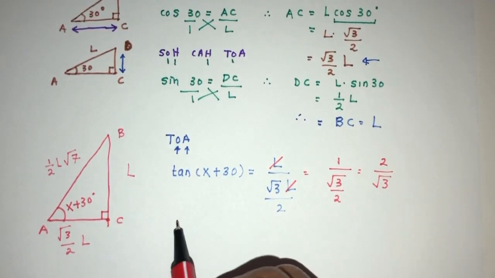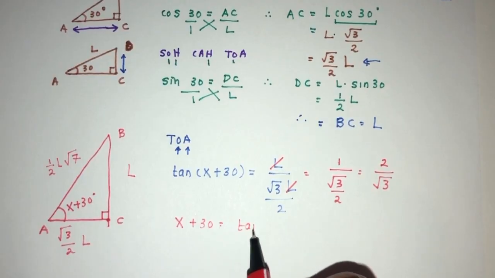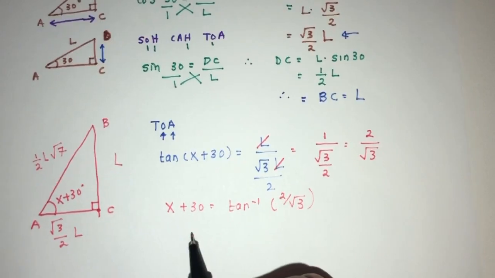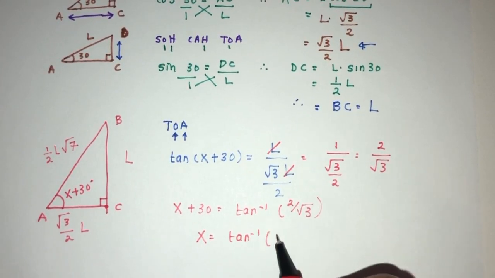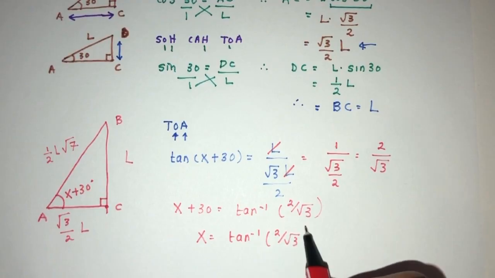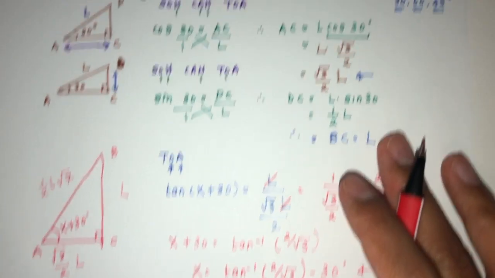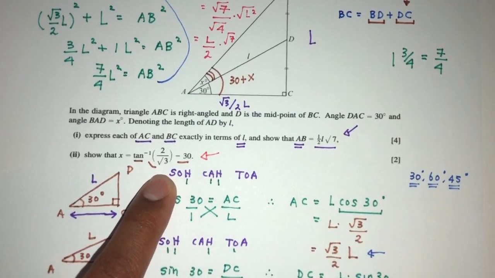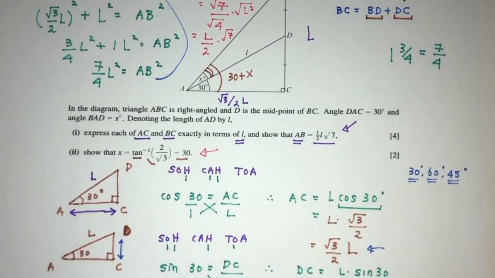Now finally, x plus 30 will be simply tan inverse of 2 over root 3, and x will be tan inverse of 2 over root 3 minus 30. Okay, and that will be your answer exactly shown as required for part 2 of the question. Okay, and that will be another question involving the concept of trigonometry.